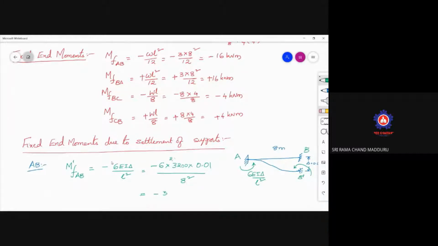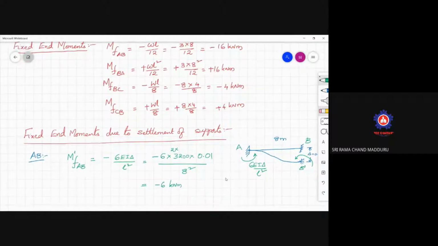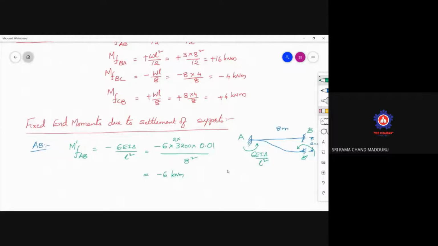So you will get this one as minus 6 kilonewton meter. So EI value is 3,200, but our value is 2 times EI. So 2 times 3,200, which is minus 6 kilonewton meter.